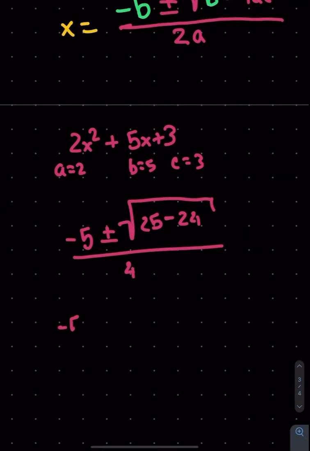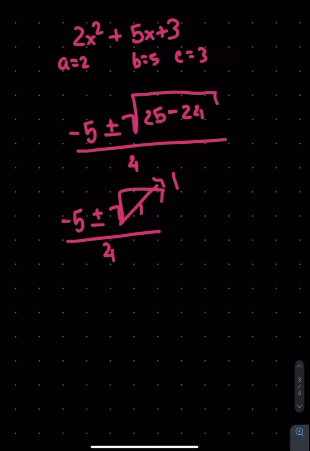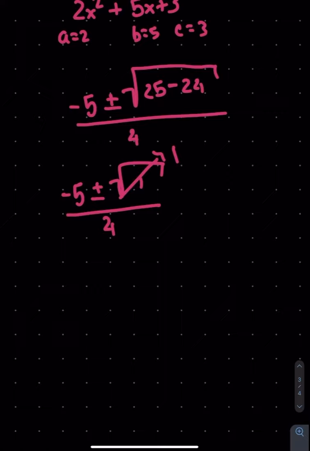Right, so we just get negative 5 plus or minus the square root of 1 over 4. And we know that the square root of 1 is just 1, because 1 multiplied by 1 is 1. So we get negative 5 plus 1. I'm just going to leave it as plus. It doesn't really matter. It could be positive or minus 1 over 4.